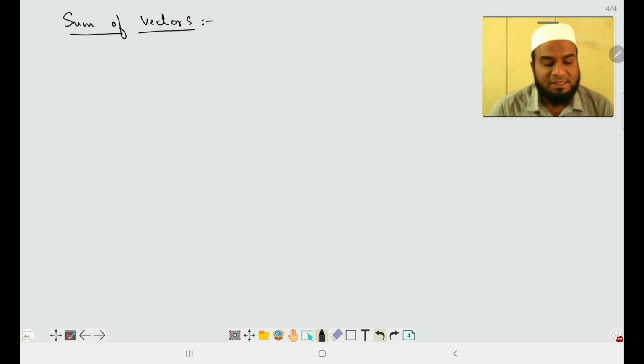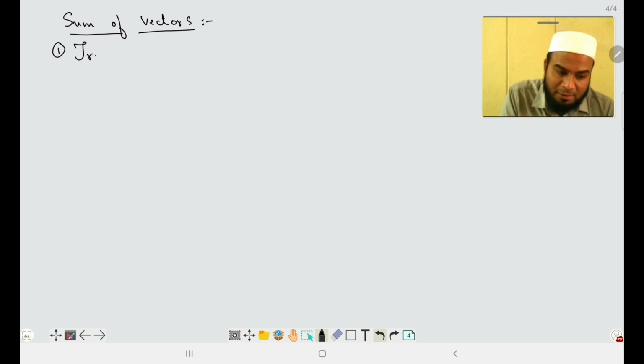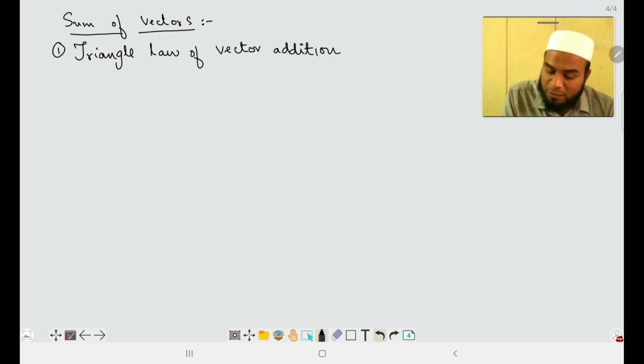The first way is the triangle law of vector addition. The second one is the parallelogram law of vector addition. The first one is the triangle law of vector addition. How two vectors are added under this law, we will see now.